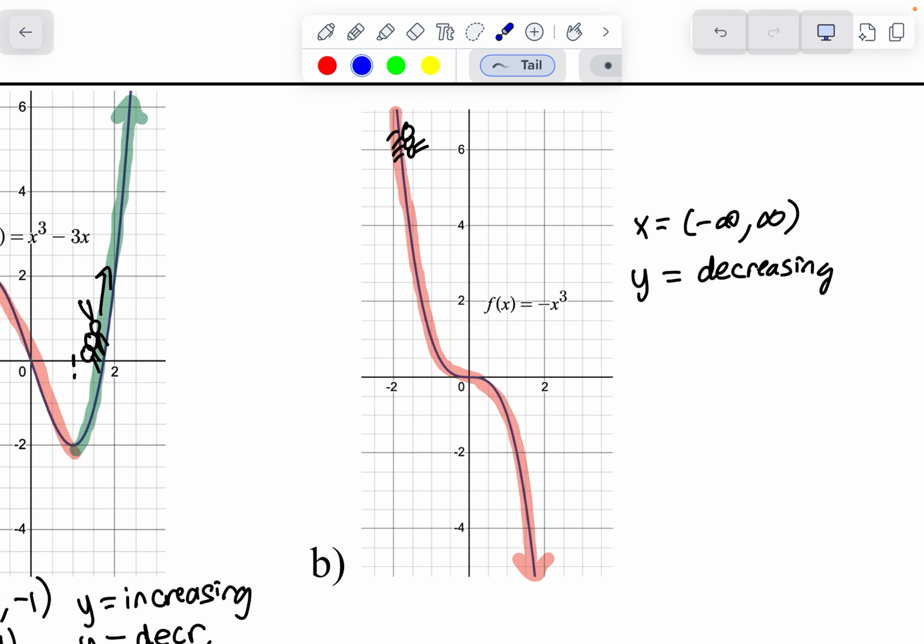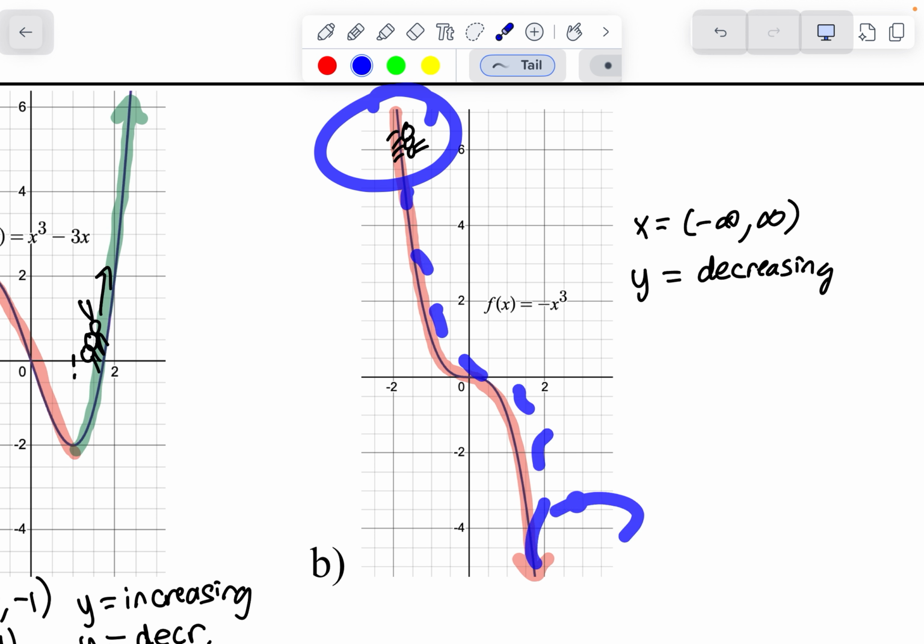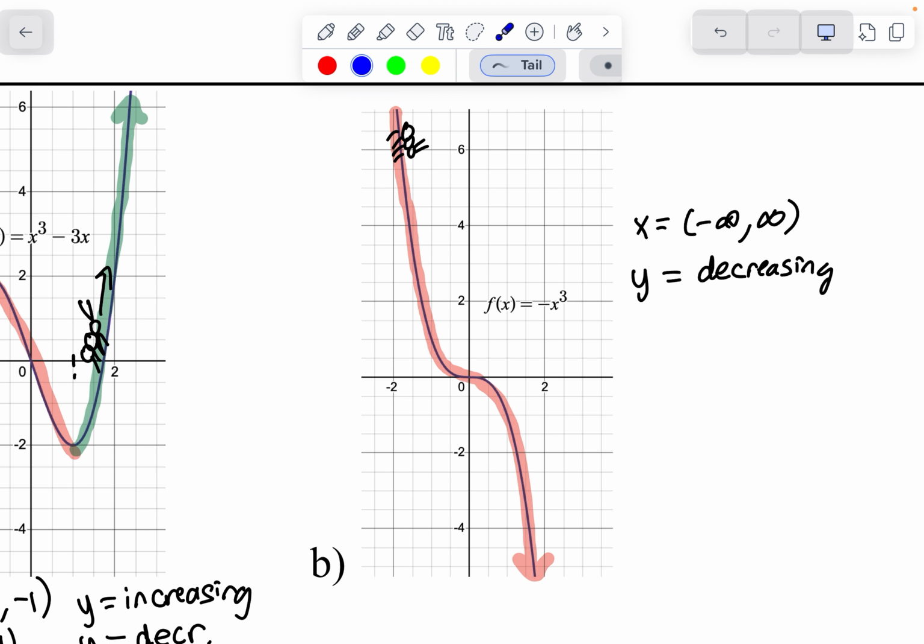So if I put in x of 2, I get -8. If I put in x of 3, it should decrease again, -27. It does. So as he walks, starting at the left, negative infinity, to the right of positive infinity, he's always going downhill.